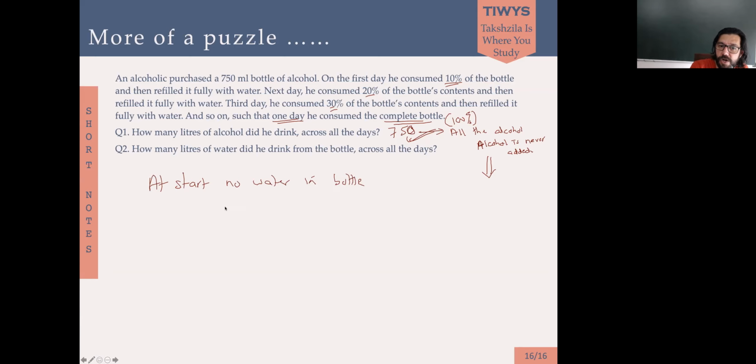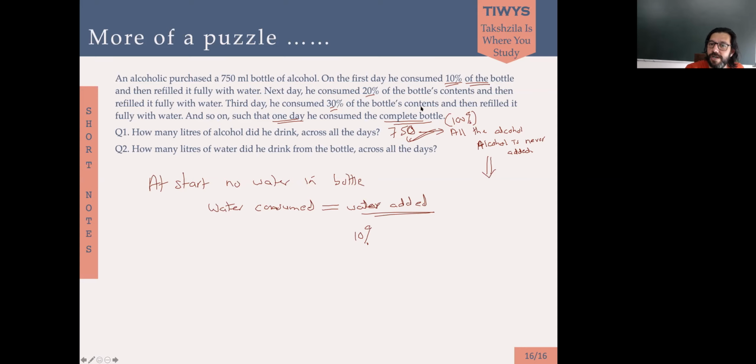So where does water come from? All the water that is consumed is nothing but equal to the water that is added. Think this way also. Therefore I said it is probably not a mixture question. Water that is added, and what is the water added? On the first day you add 10% of the bottle.